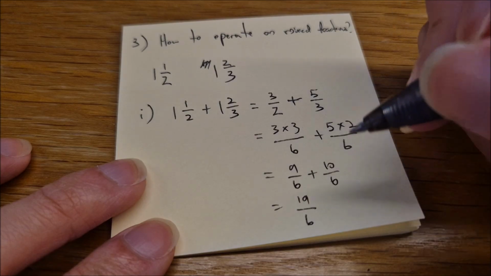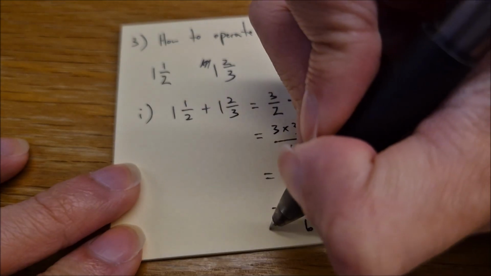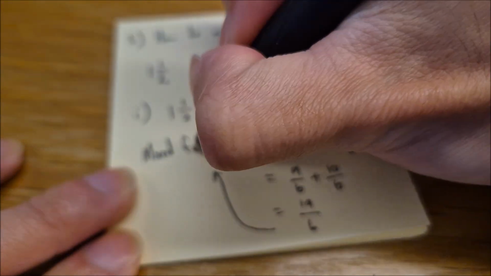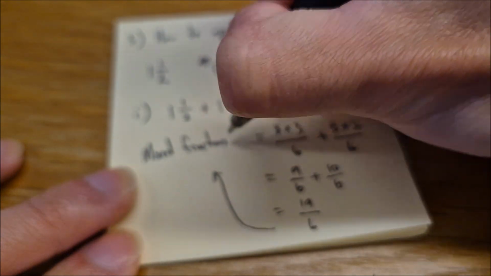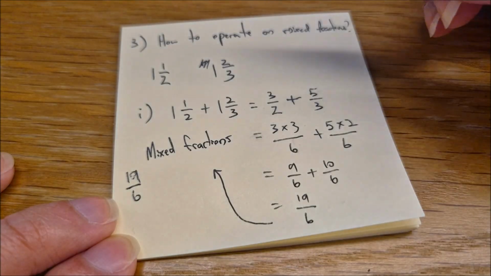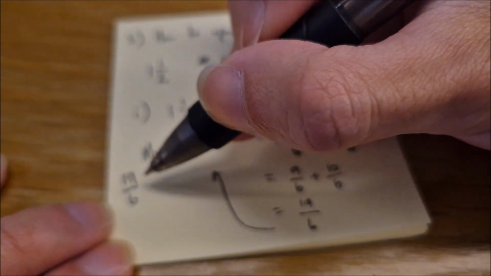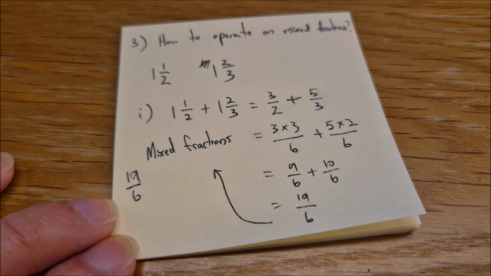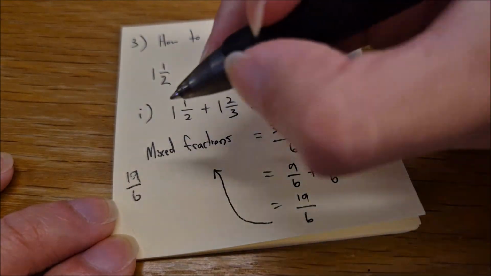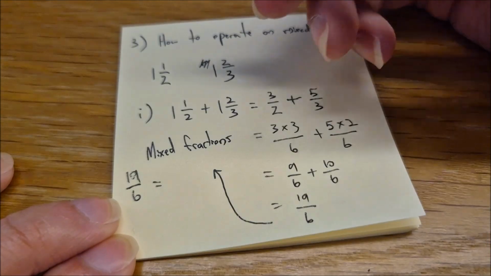But say if we wanted to present our final answer as a mixed fraction for the purposes of this video. Well, 19 over 6. And we look at how many times 6 goes into 19. Well, we know 6 times 3 is 18.